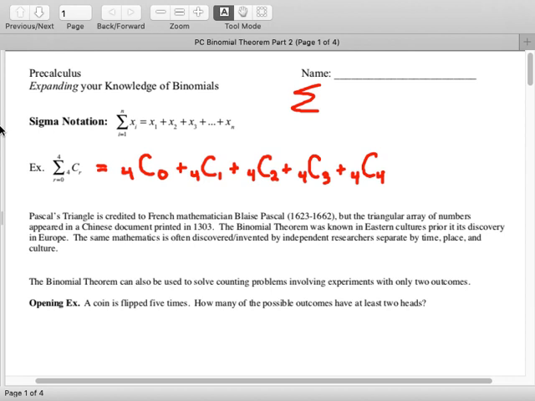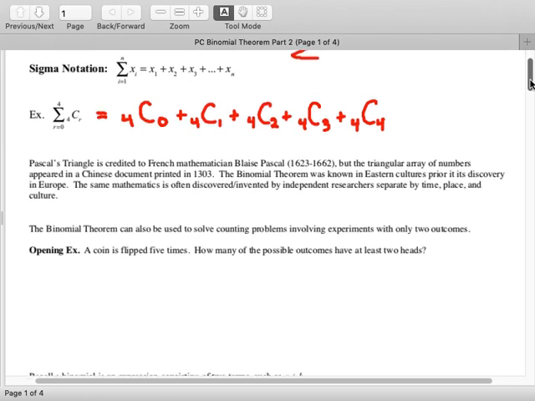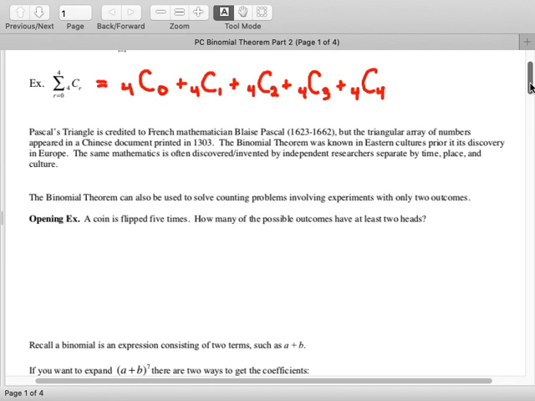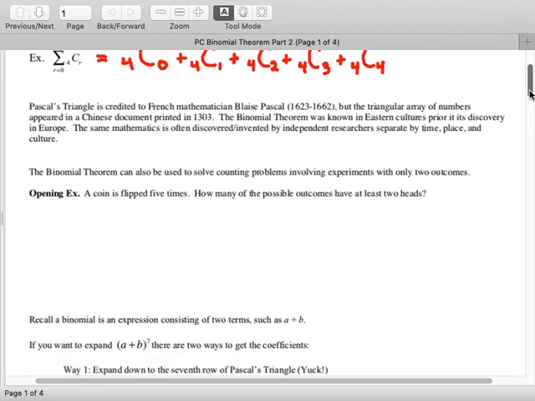If you remember Friday when we started the notes, I said this was in Western and Eastern culture, hundreds of years apart. So this was a big jump in time that two separate people were working on it.